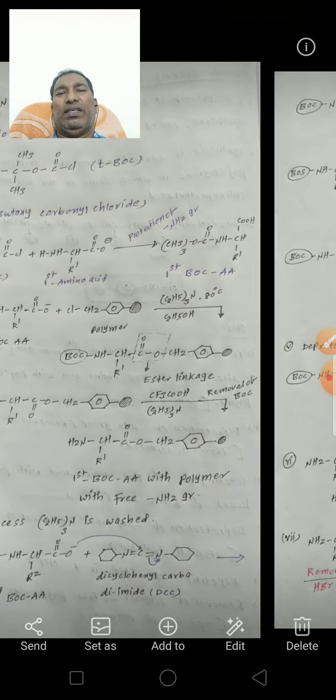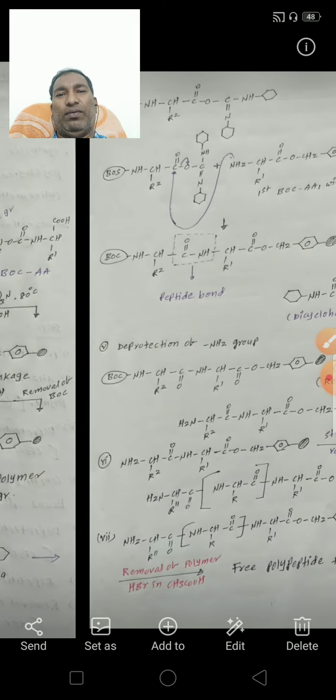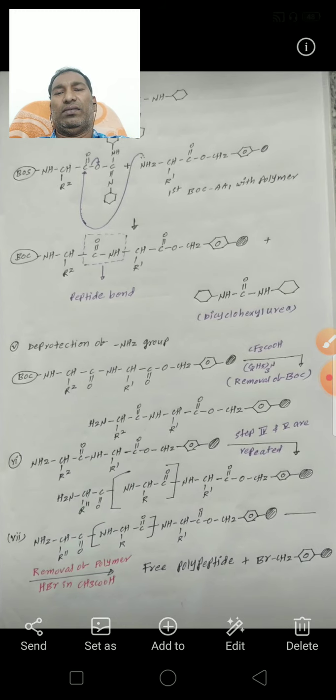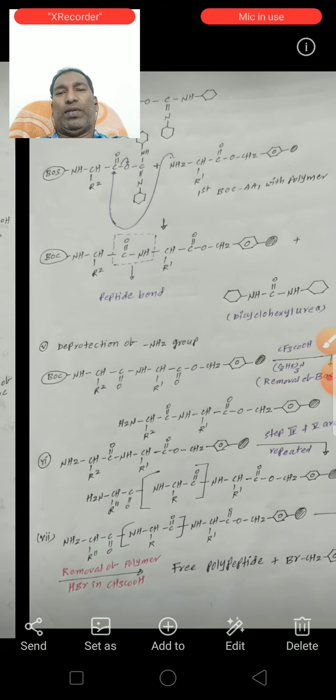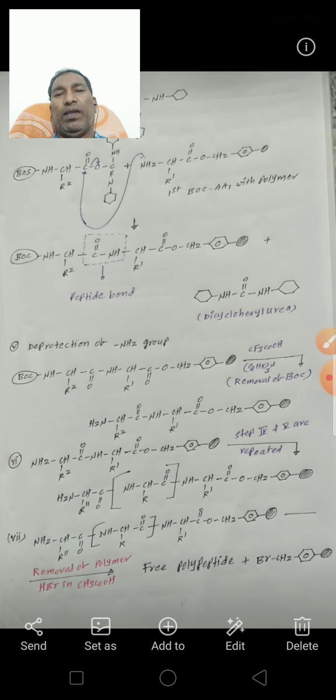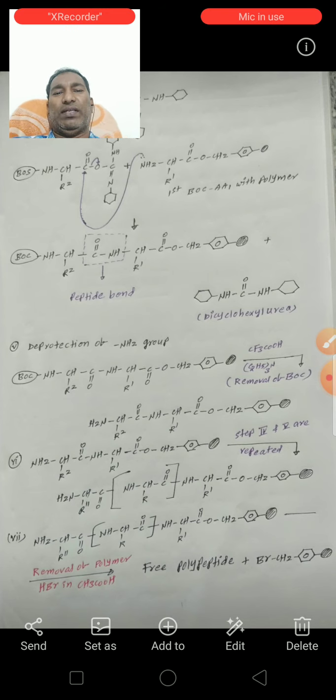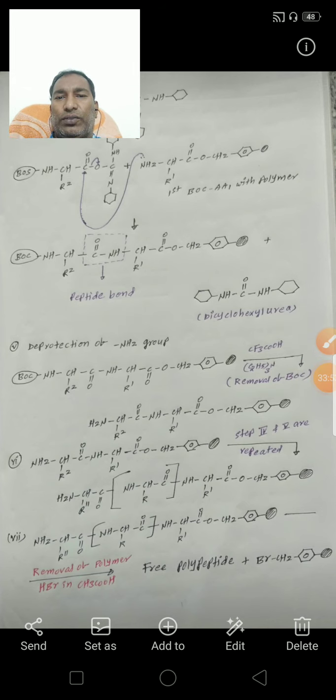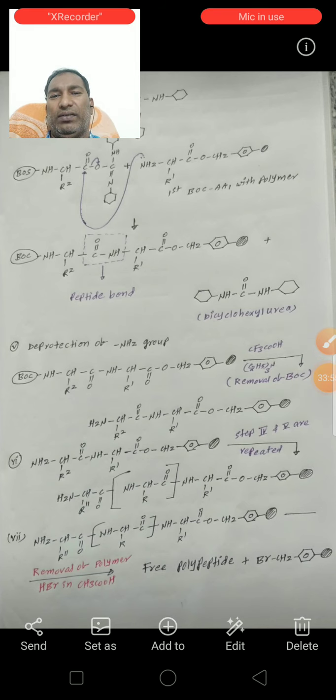So here is the second amino acid compound. See here, this second amino acid with NH2 and COOH group protected reacts with the first BOC amino acid with polymer to form this peptide bond.